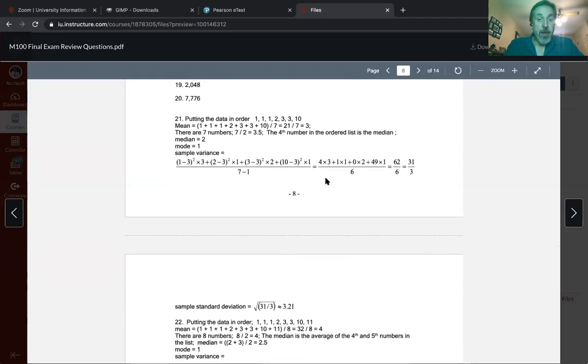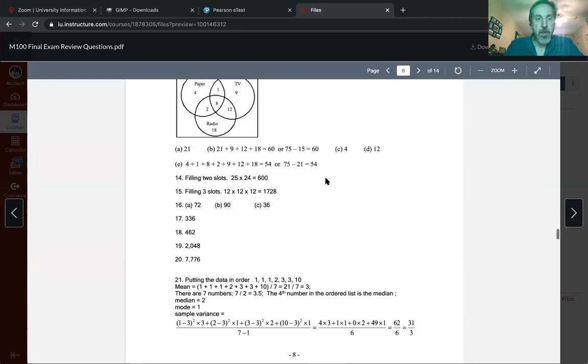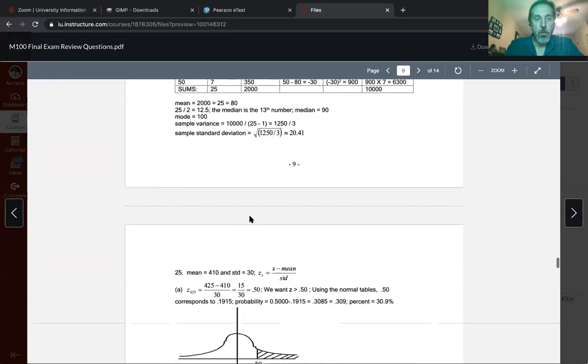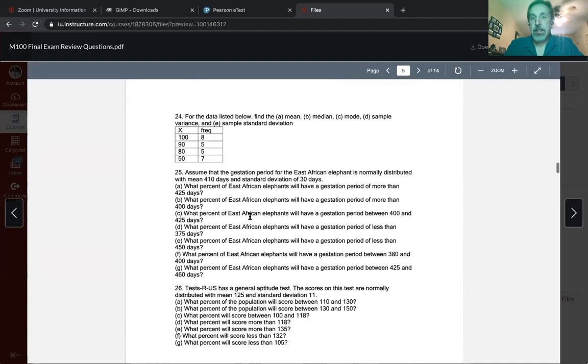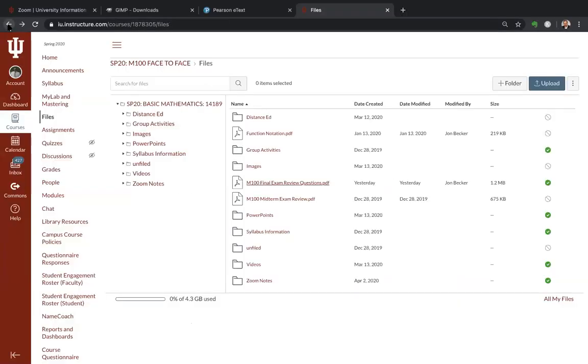I had to revise this document from previous semesters, so if you catch any numbering issues, if I failed to number something correctly, let me know. As I said, that document is in Canvas, in the Files section right there.